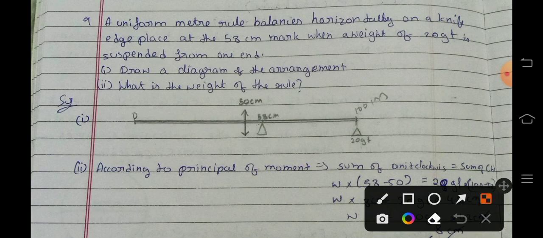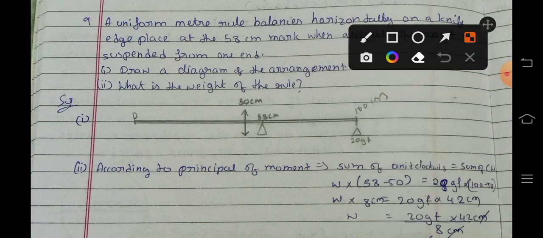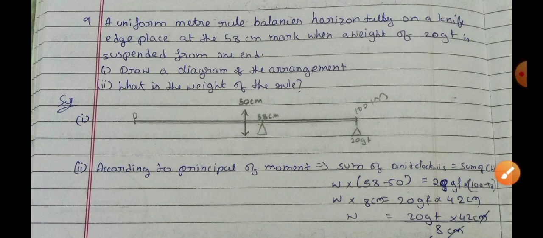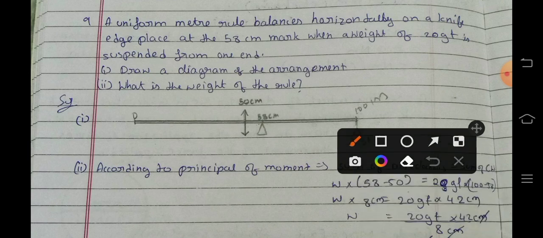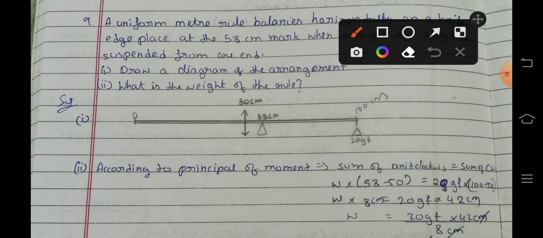Next, according to the principle of moment, again the formula you know: the sum of the anti-clockwise moments and the sum of the clockwise moments. Now here W, the weight on this side, we don't know, and that is what we need to calculate, the weight of the scale.